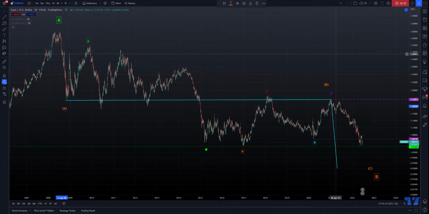Now, these are the two options that I had always. Well, this is the current option. Okay, this is the option that I'm going with now, and that's that we're looking at a B wave since 2008. Okay, but the previous one indicated potentially something far worse, right?